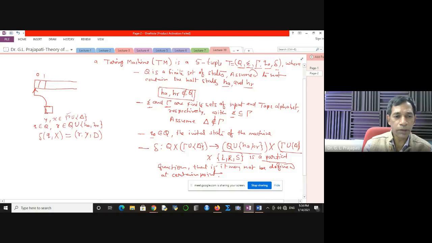This means your machine can transit from Q to R, and R can be a halt state. Once the machine decides, it can transit to the halt state.